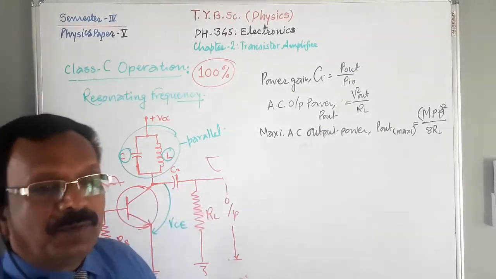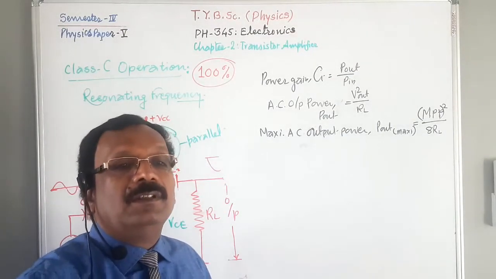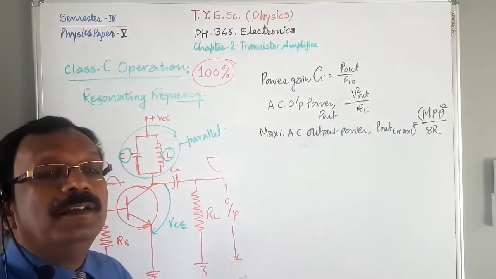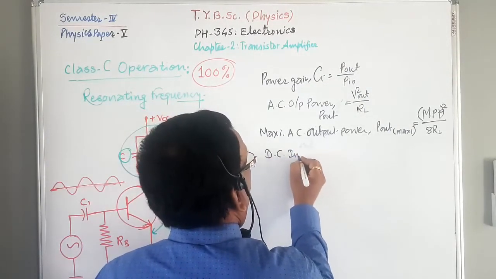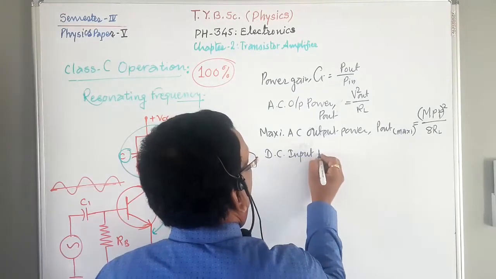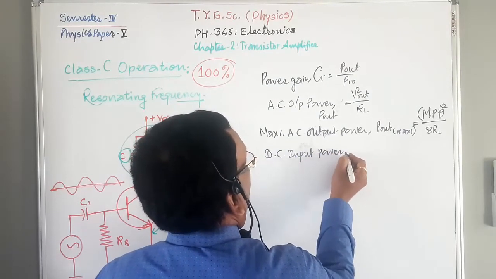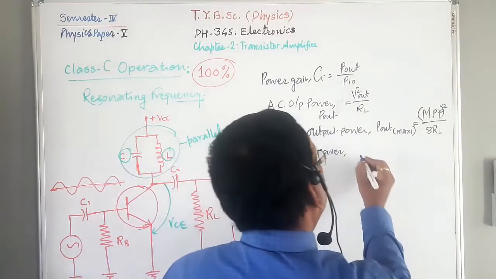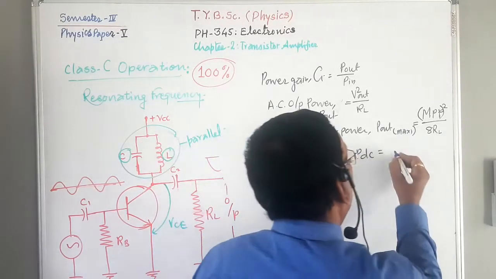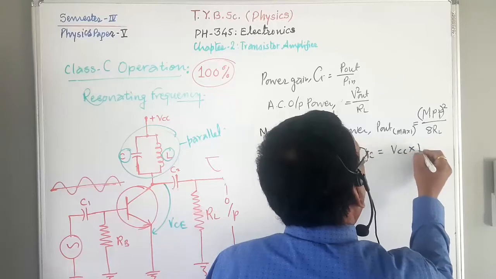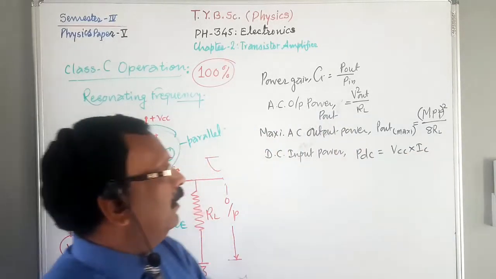There is one more important formula: DC input power. What will be the notation for that? PDC, and PDC is equal to VCC into IC.